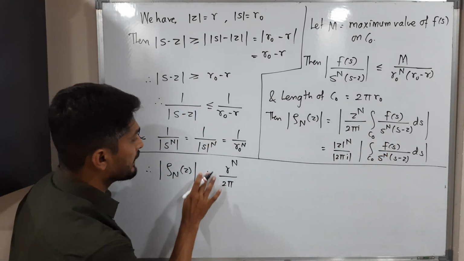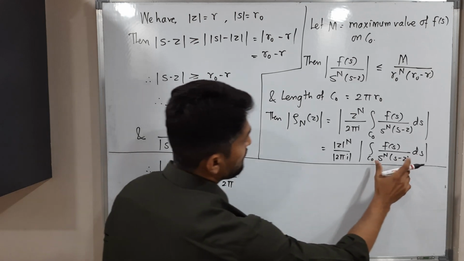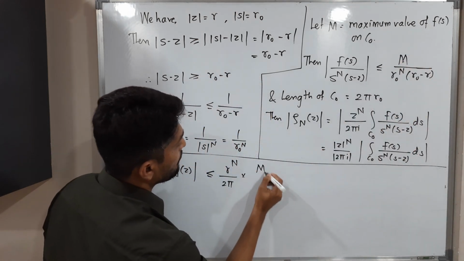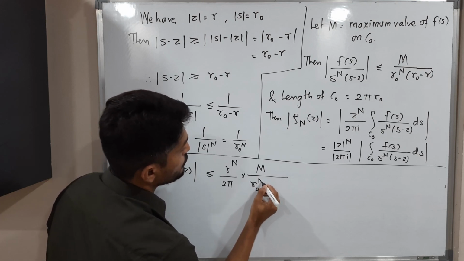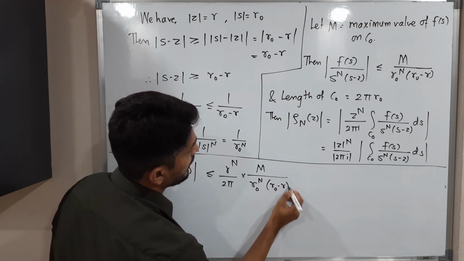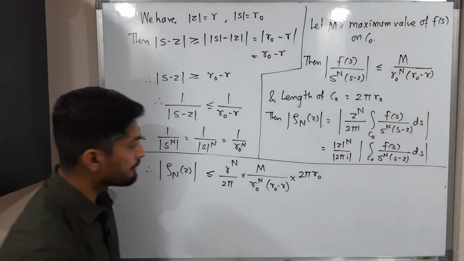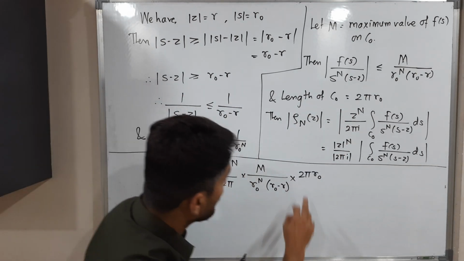Its value will be less than or equal to M into L. Our M is M upon r naught raised to n, r naught minus r, into L, the length, 2 pi r naught. Tell me what can we cancel here? Definitely we can cancel 2 pi.